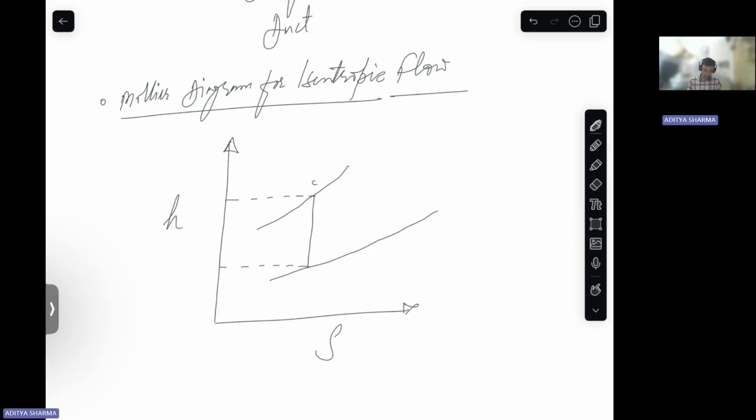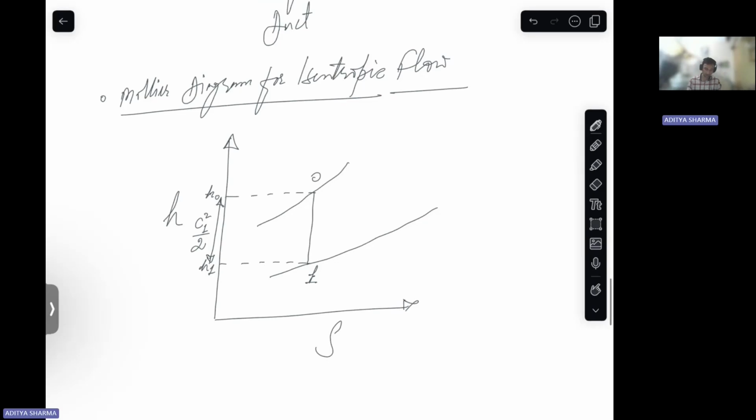Let's say this is 0 and this is 1. So this will be H naught, this will be H1, and this will be C1 square by 2.